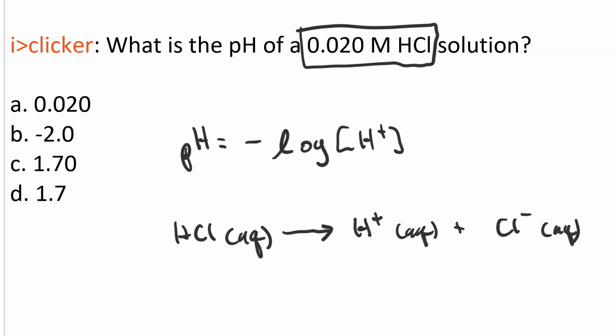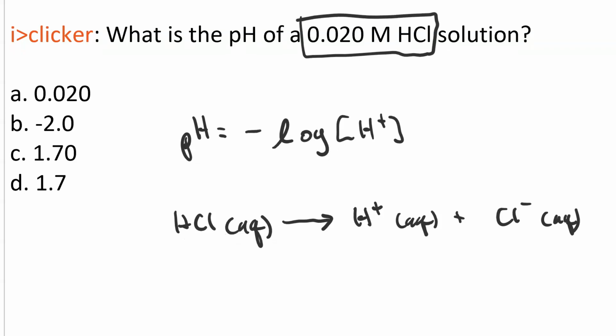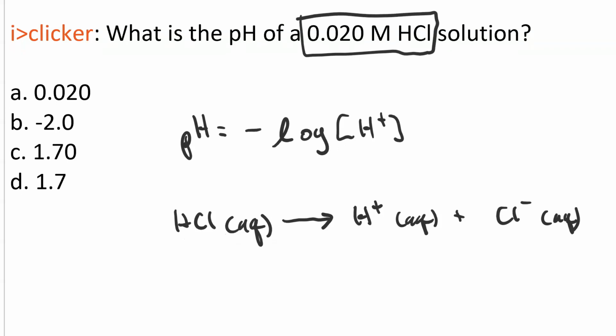Right, so if our concentration of HCl started out at, let's see, we'll make a table. I for initial, C for change, and E for equilibrium value. The initial concentration of HCl was 0.020, 0 and 0 for H plus and Cl minus.